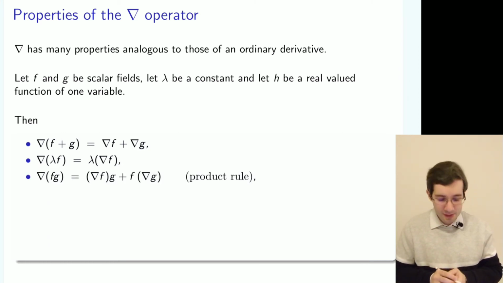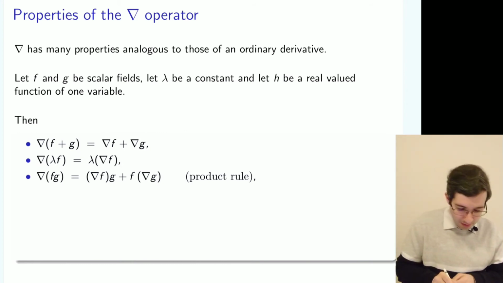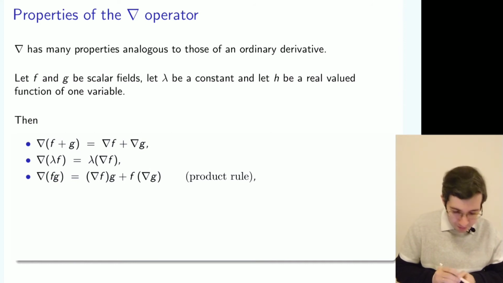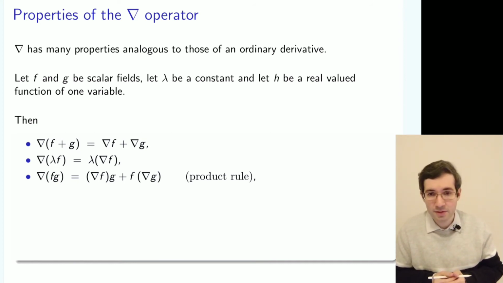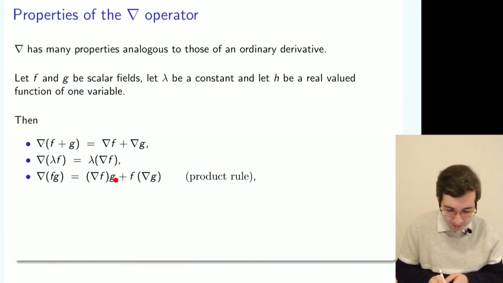Or you can take a product rule very much similar to what you would do with the derivatives. You take this operator, apply it to the product of the scalar fields, and then you can convert it into a gradient of the first scalar field multiplied by the second. So that will be the result of this as a vector field.